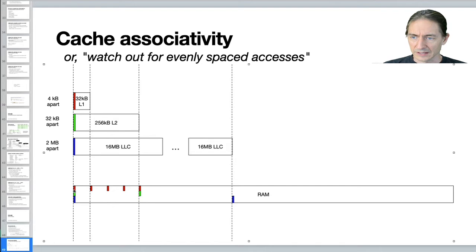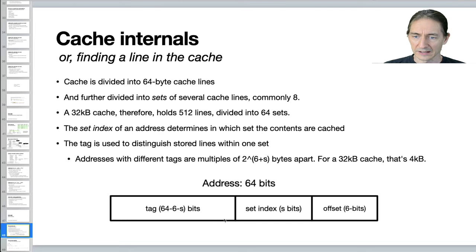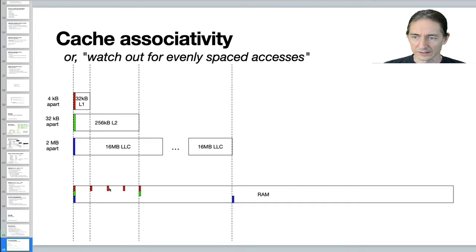The set index and the offset define, within this 4 kilobyte chunk, where in the cache we should be, and then the remainder, the tag here, decides which one of all these possible red dots, and it continues, of course, it should be.